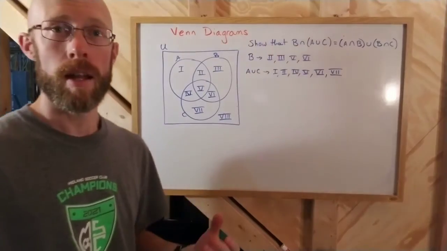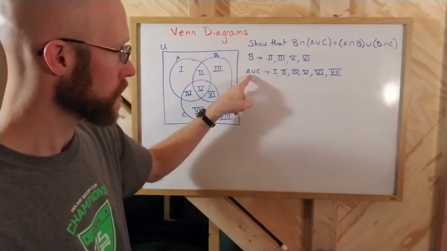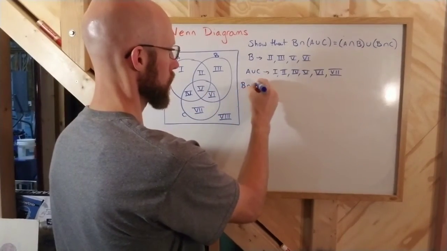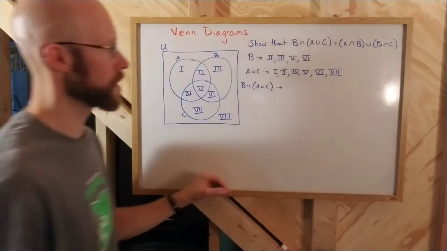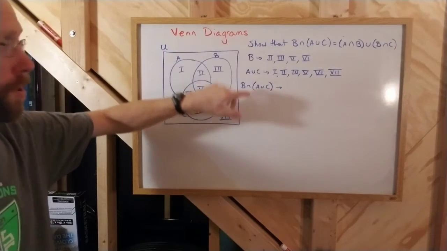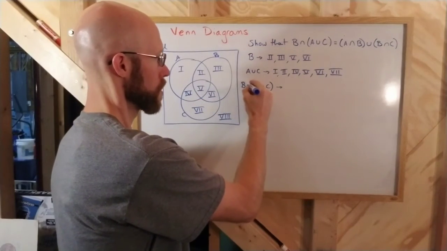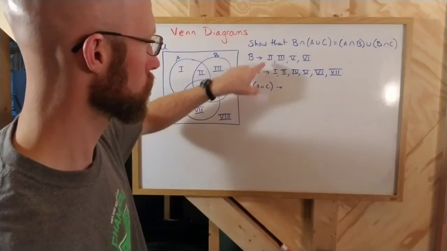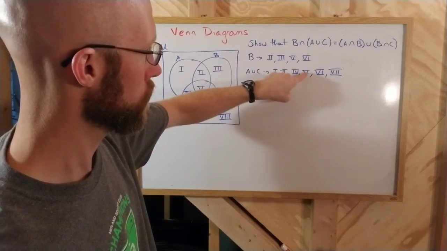Okay. And then if I want to find the intersection of B and A union C, which is what's on the left here, B intersect A union C. Well, that's going to contain regions that are in the overlap of these two, that are in both, right, for an intersection. There's our U. Okay, so the intersection is the regions that appear in both. Well, 2 appears in both, 5 and 6.